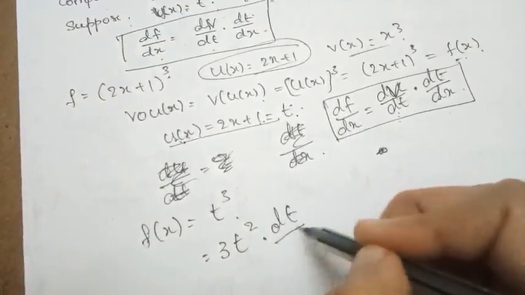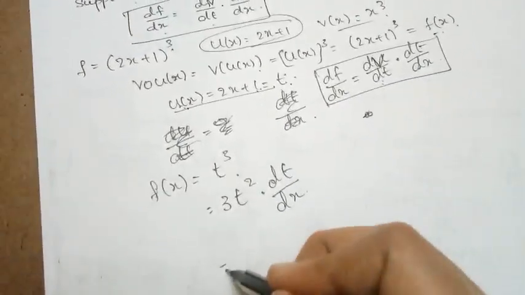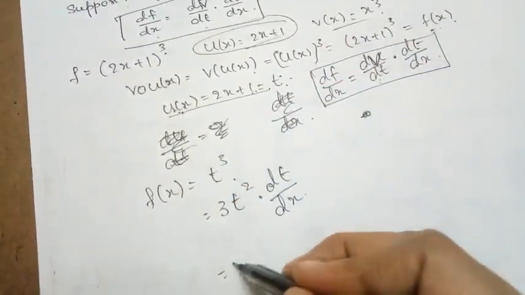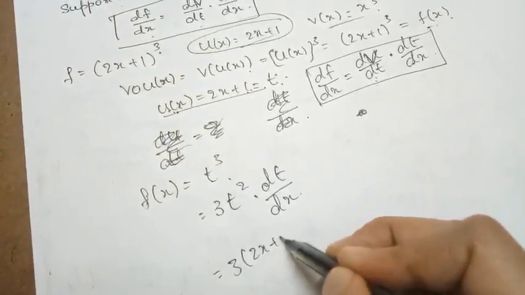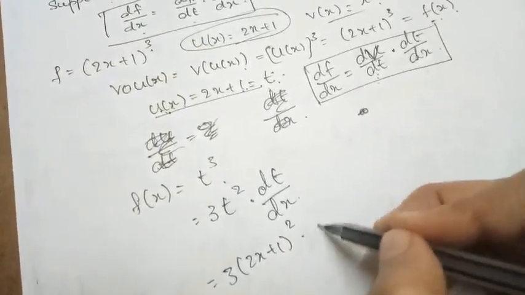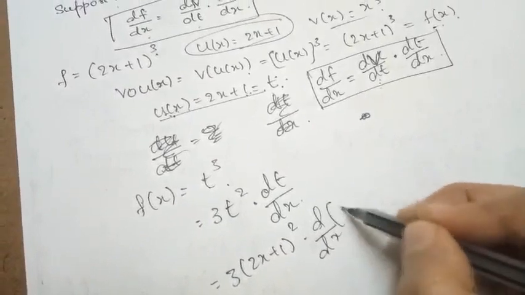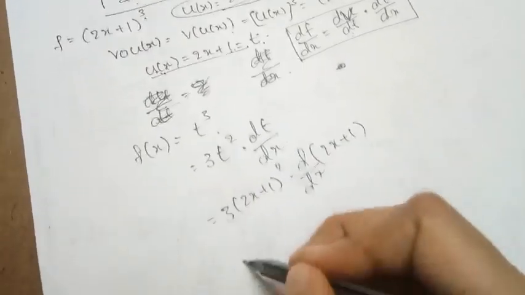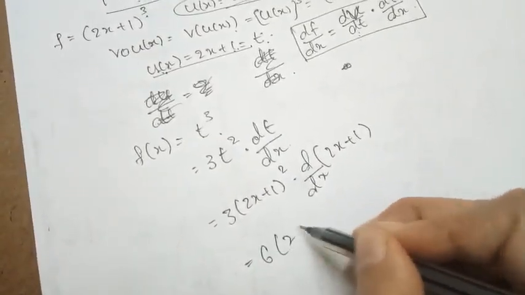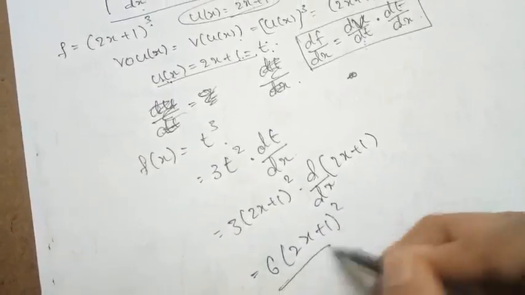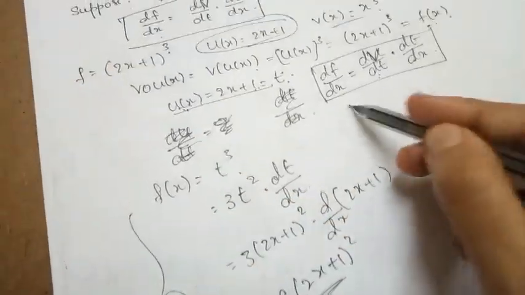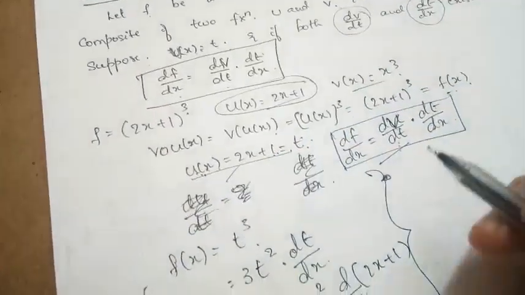I am writing dt by dx as it is. Now I am back substituting the t, that is 3 (2x + 1) whole square dot d by dx of (2x + 1). After differentiation we get 6 times (2x + 1) whole square. So this is the process according to the definition that we are following.